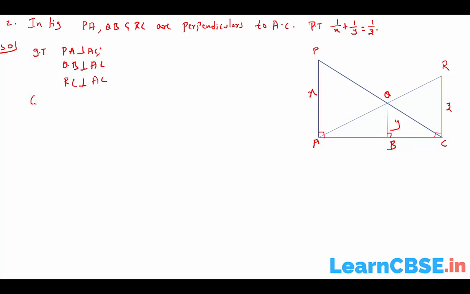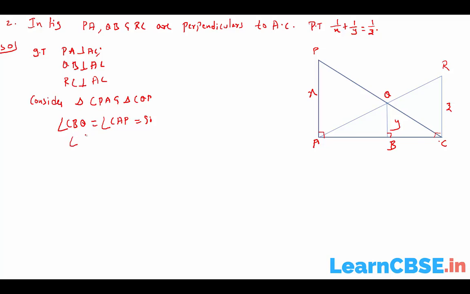Now consider triangle CPA and triangle CQB. Angle CBQ equals angle CAP, 90 degrees, perpendicular, so it is 90.